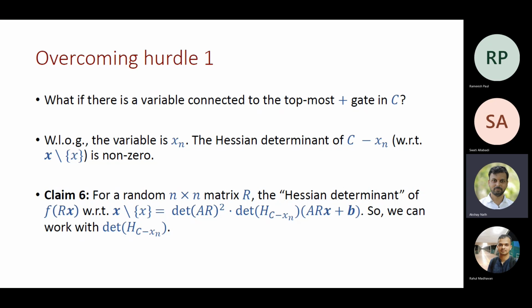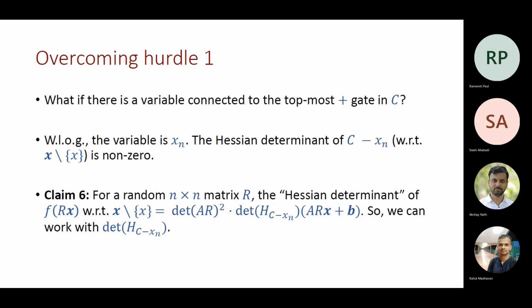But this just handles the case when there is no variable attached to the topmost plus gate. So what do we do when there is a variable attached to the topmost plus gate? Recall that we made this assumption that every plus gate in C has at most one variable directly attached to it.